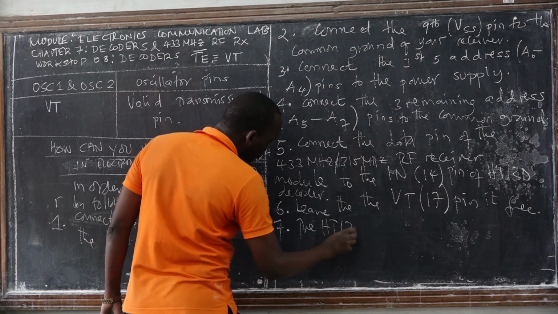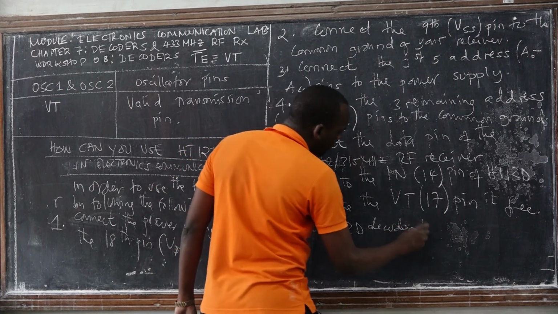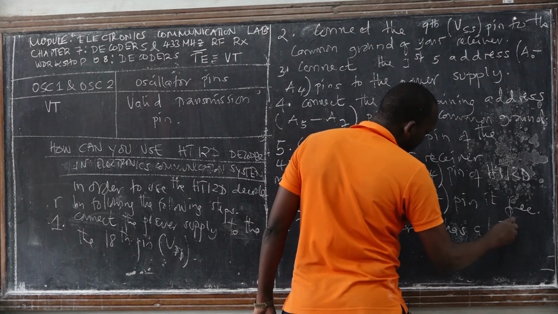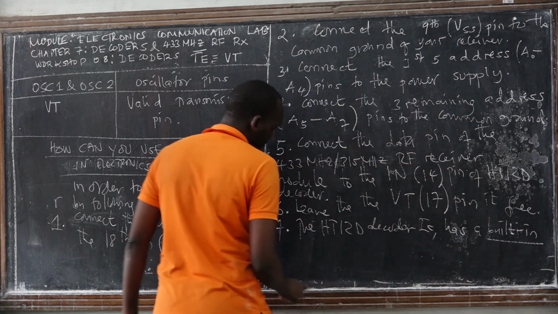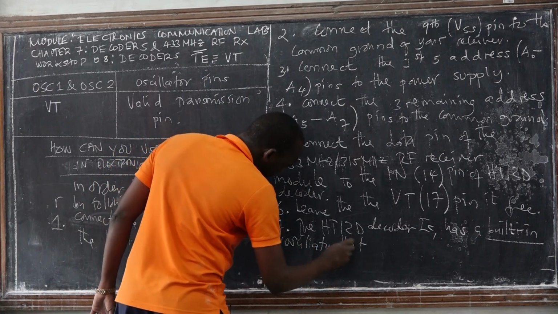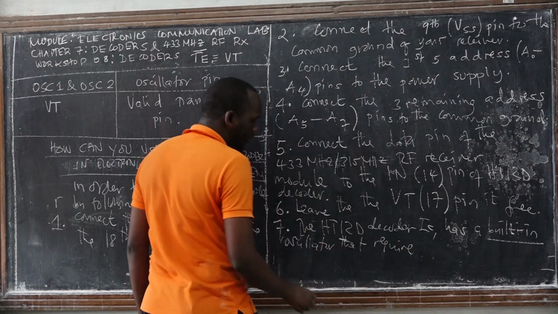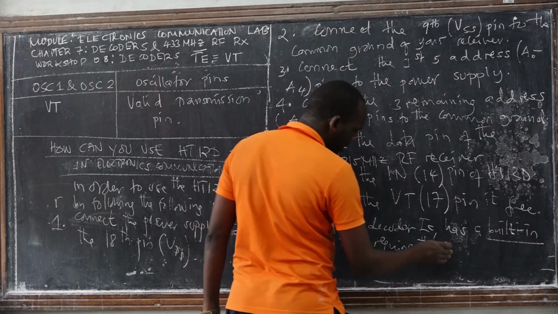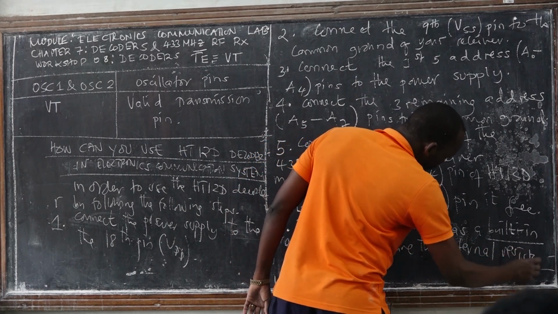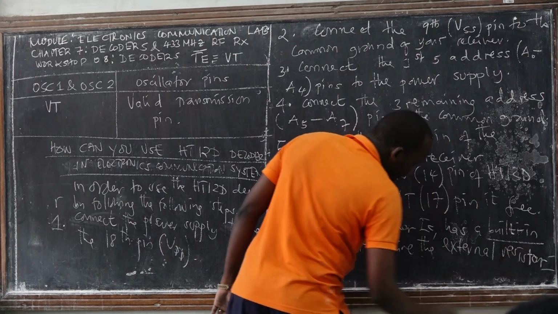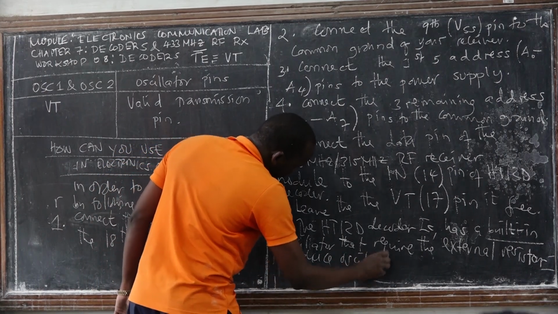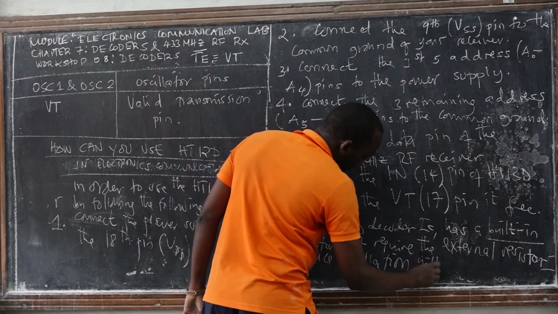The Ht12D decoder IC has a built-in oscillator that requires an external resistor to produce oscillation within it.